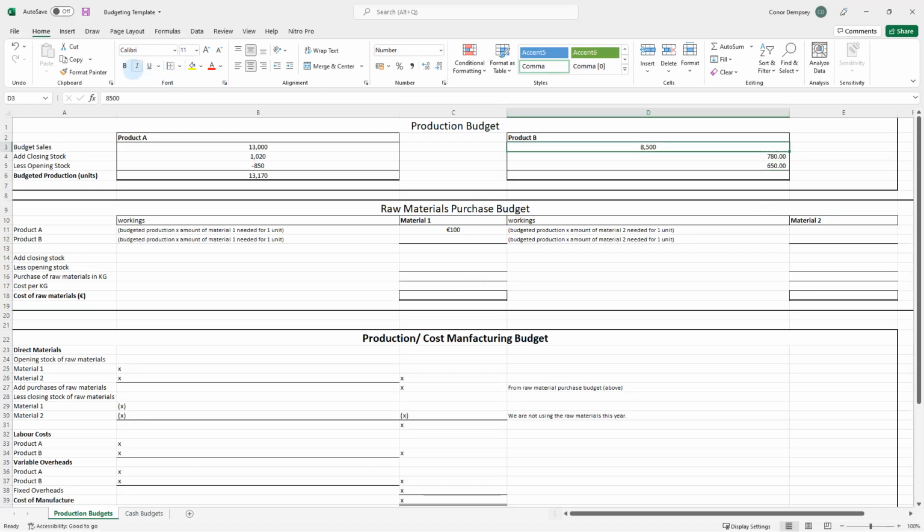I did not format these very well. There you go. Minus 650. And if you put all those together, what you get is 8,630. These are the amount of units we must produce for product A and product B.